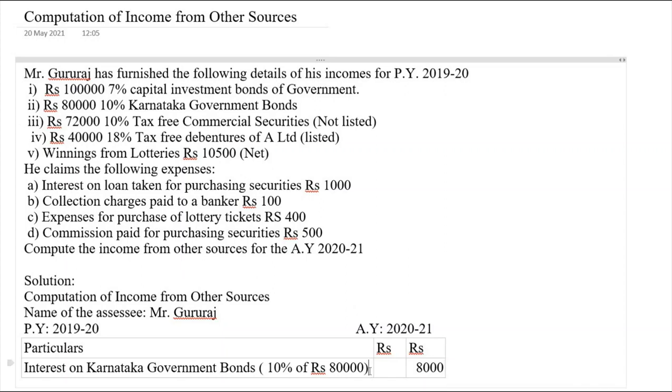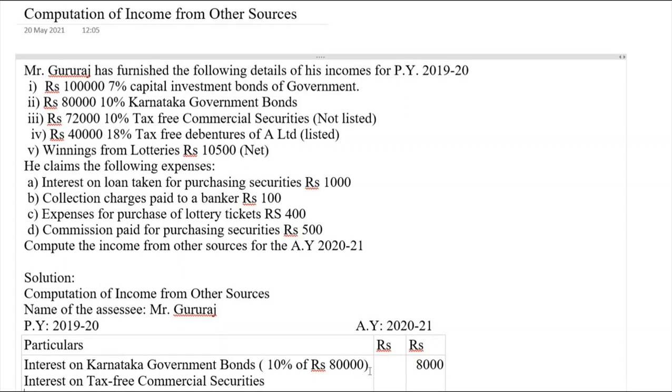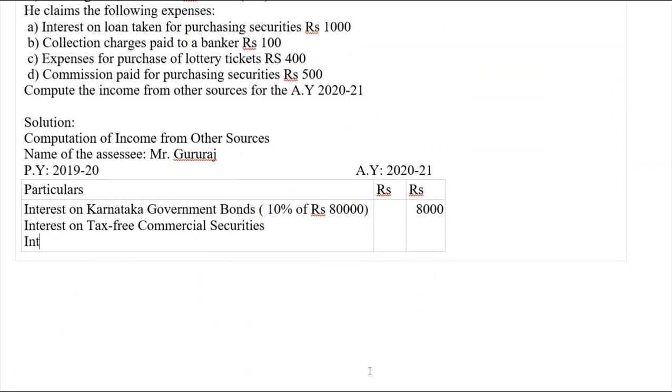Then the next one, interest on tax-free commercial securities. First we should calculate the interest: it is given as 10% of rupees 72,000, which comes to rupees 7,200.